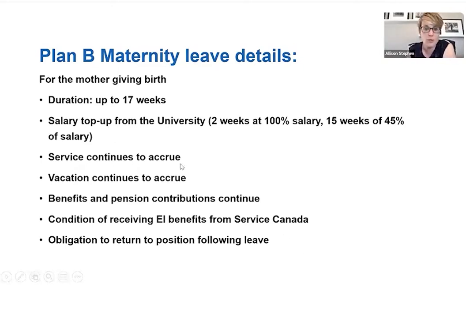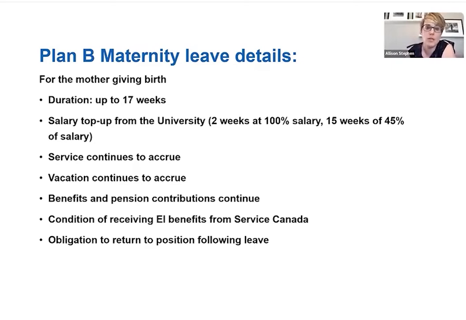Your service continues to accrue, your vacation accrues, your pension and benefits continue. And one of the conditions for being eligible for Plan B maternity leave is that you will have to apply for and be approved for EI benefits and provide proof that you have received the EI benefits, which I'll get to.